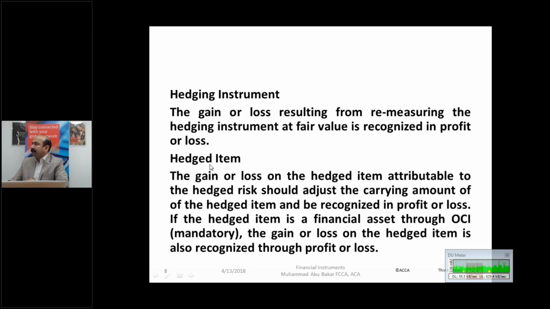And what about the hedged item? Same treatment. The gain or loss on the hedged item attributable to the hedged risk should adjust the carrying amount of the hedged item, here the value of the stock. The value of the stock will be adjusted, and the other effect will be recognized in profit and loss.